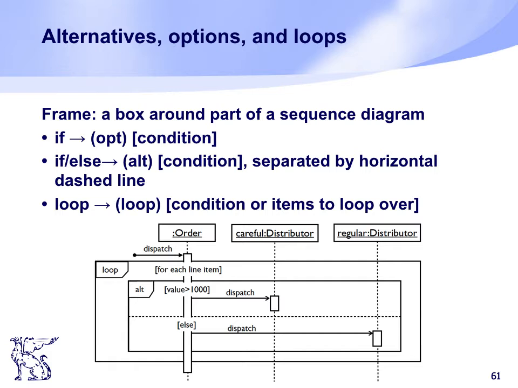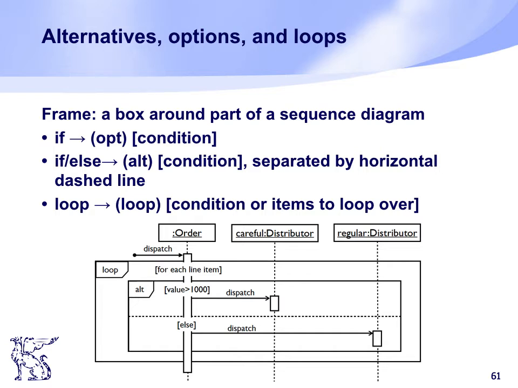Here, on the top left corner of the fragment we have an operator. The frame will be represented as a rectangle box, and on the top left corner of that box we will put an operator. This is called fragment operator, and it specifies what sort of fragment it is, whether it's a loop, an option condition, or an alternative combination.